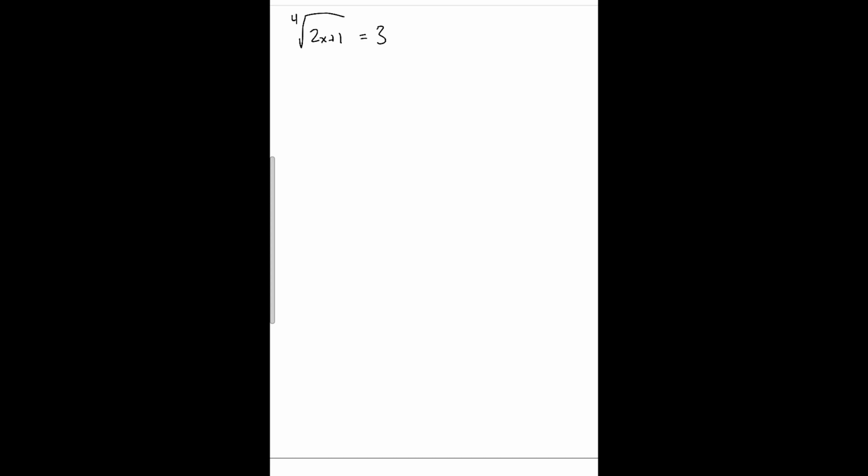So if we follow that same exact pattern, to undo a fourth root, we take the fourth power on each side. All right, so I'm just going to write that out.